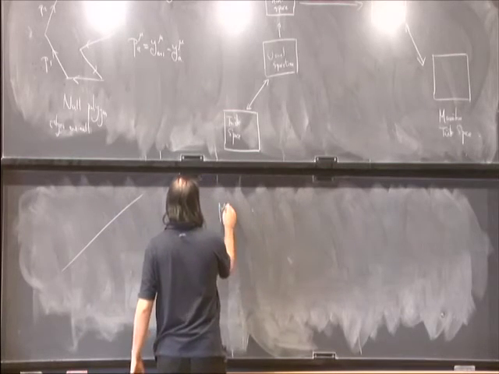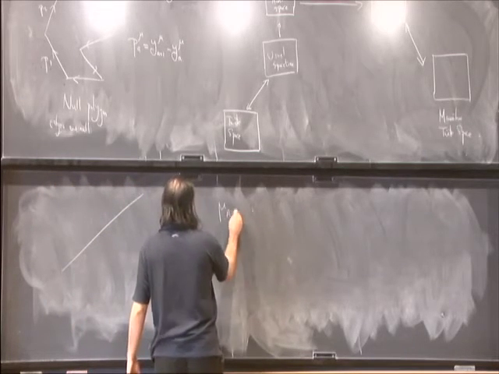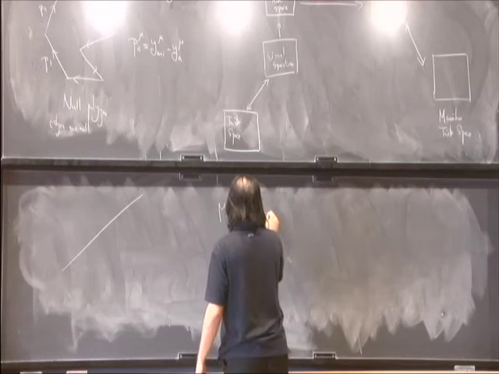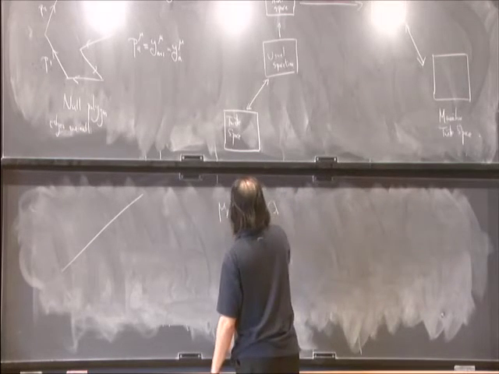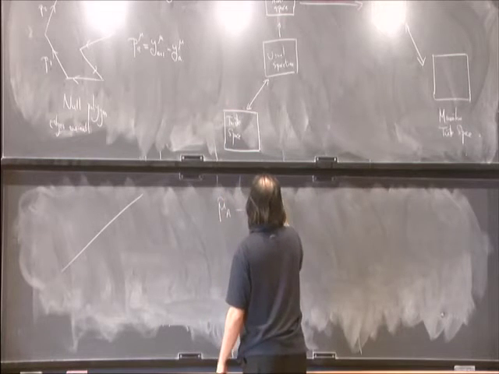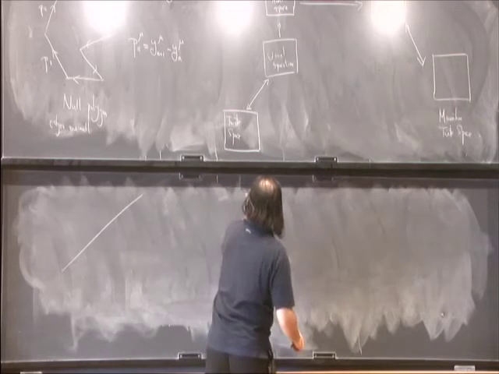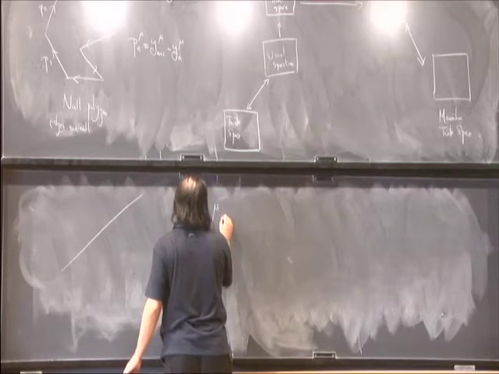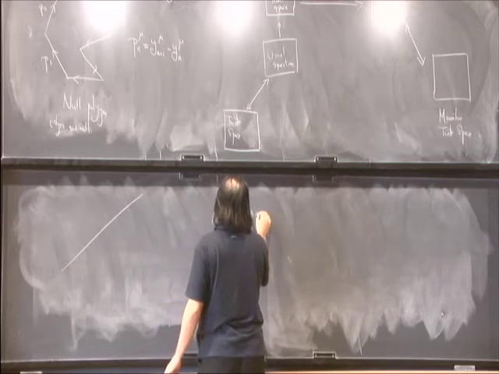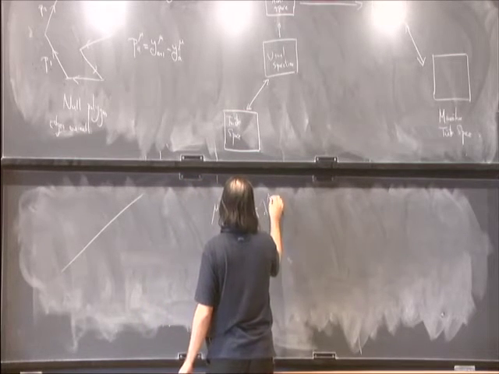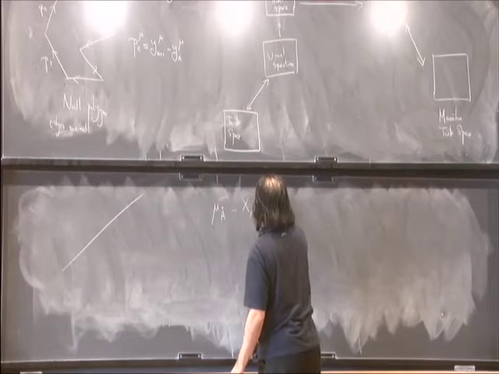Now, to specify a complex null line in space-time, you can easily convince yourself that if I look at the set of solutions to the equation, let me write it like this: mu a dot minus x a dot a lambda a equals 0.